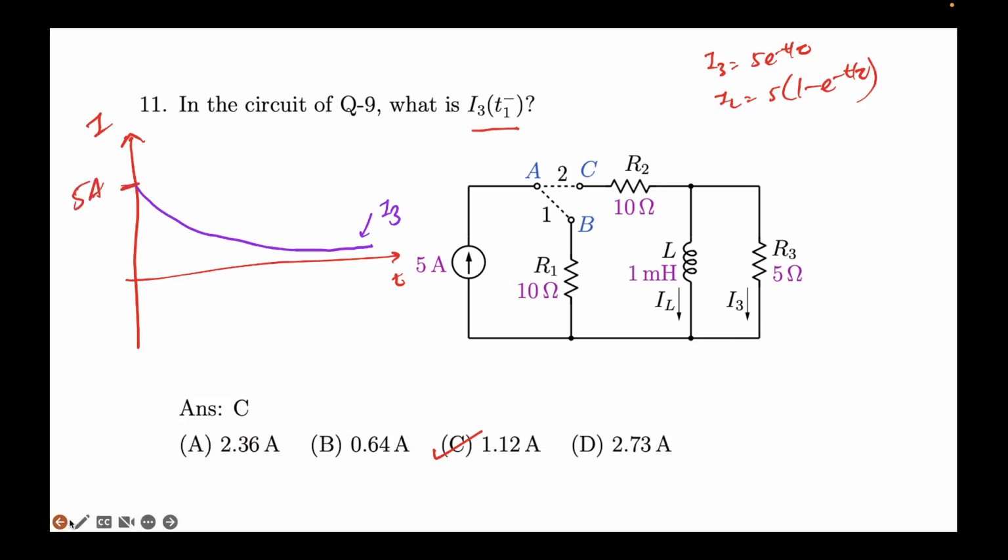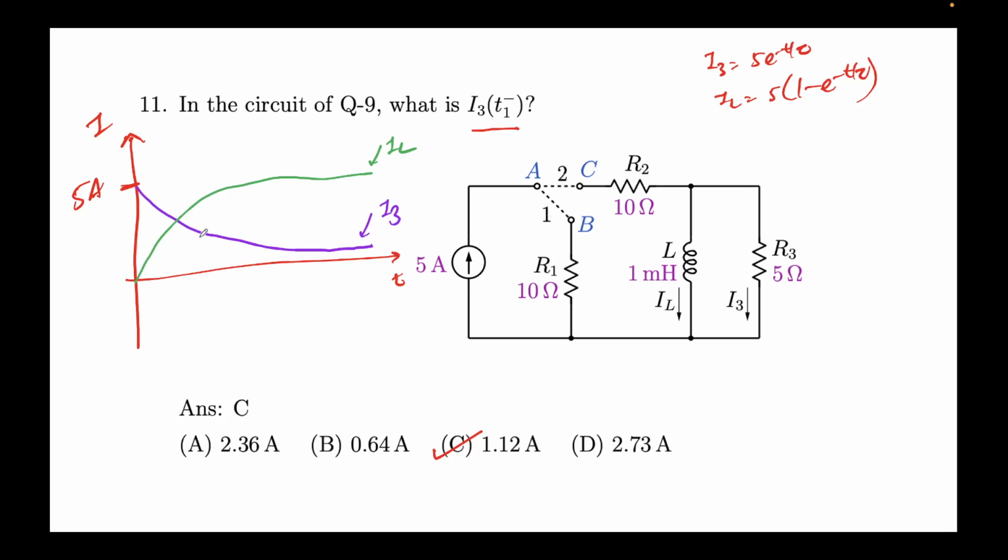Now if I plot IL, it is 0 initially, and finally it saturates at 5 amps. This is IL. So IL plus I3 should naturally be 5, because this is a constant current source. So that's what we are seeing here.